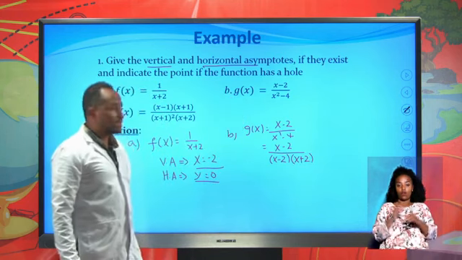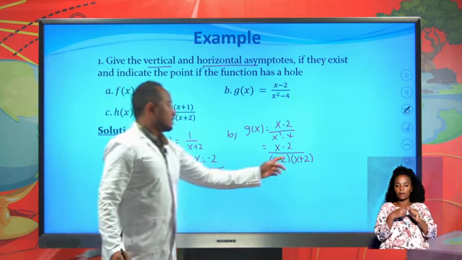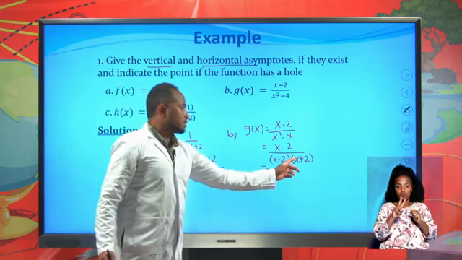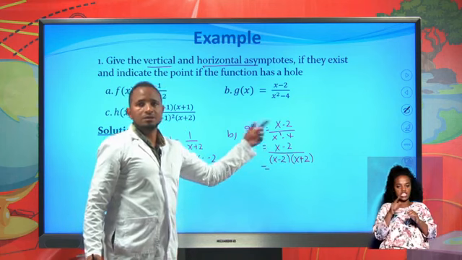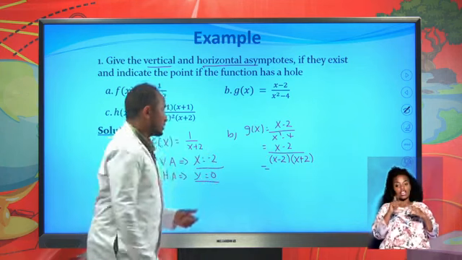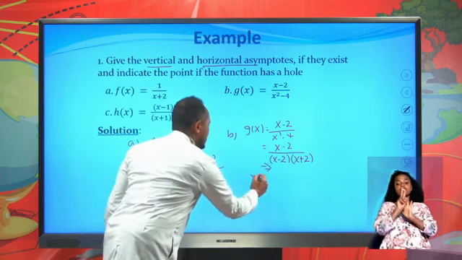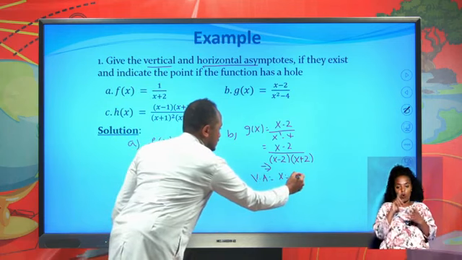From this you can see that negative 2 makes this expression 0, but it cannot make the numerator 0. So we have x equals negative 2 as a vertical asymptote.